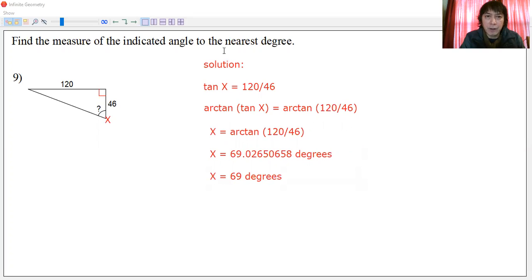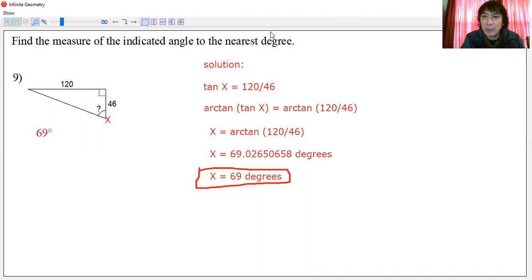And that's it. This is our answer. Let us verify and check it out. Yes, it's 69 degrees. All right, so this is correct.